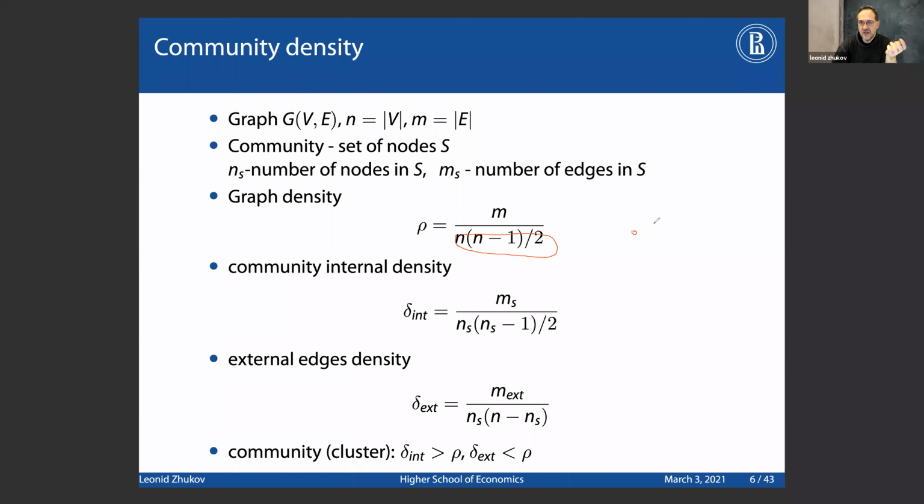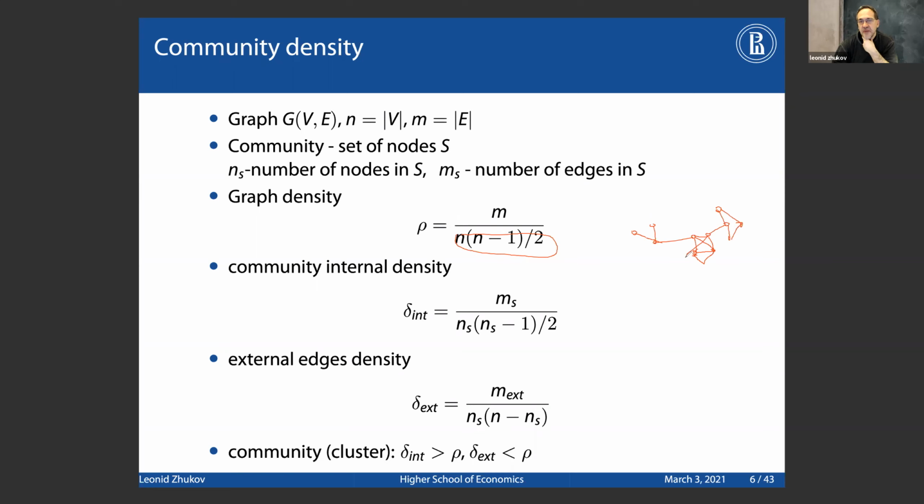Say we have some graph with some nodes and edges. I'll try to draw this briefly. Let's say there is this community, and then I'll put some more pieces of graph.